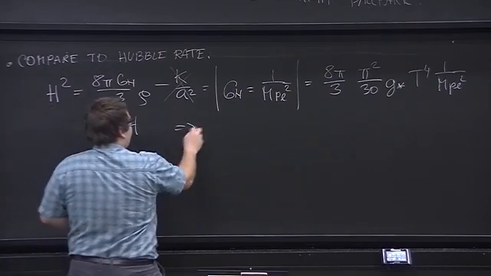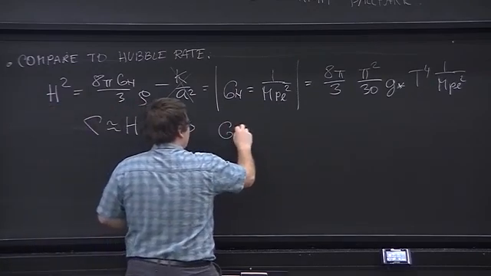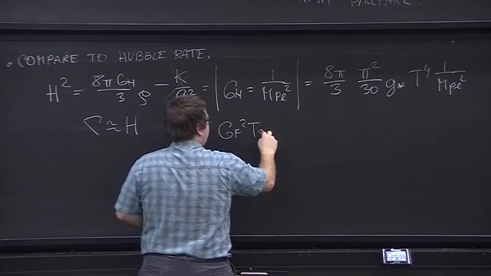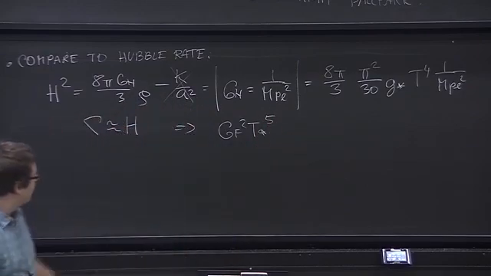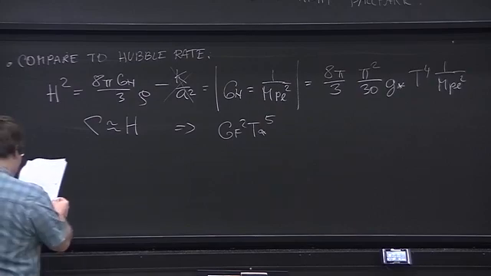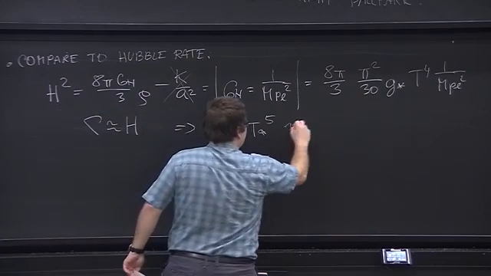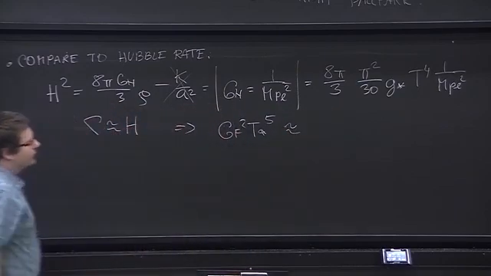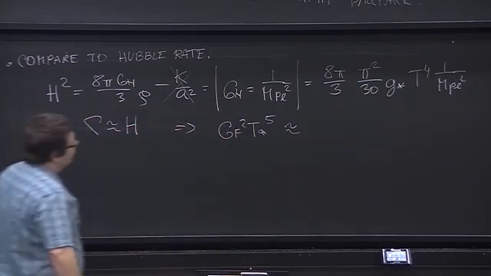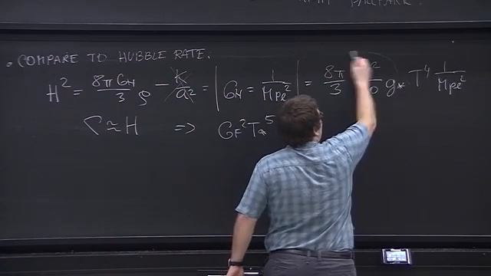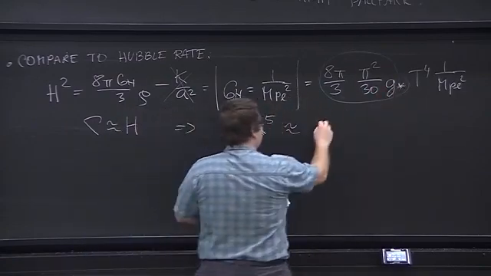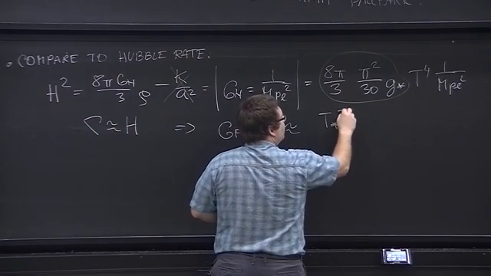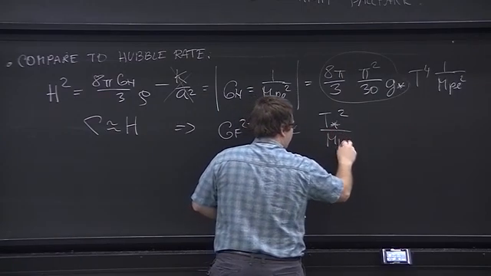Okay, so that's the formula for H squared, which means that if I want to compare when this is true, then you have that G_F squared, and that happens for some temperature. That's the temperature T star. So G_F squared T star to the power 5 is approximately equal to, now I have to take the square root of this thing here, right? So it will be some number given by the square root of these guys, and then it will be T star squared over m Planck.